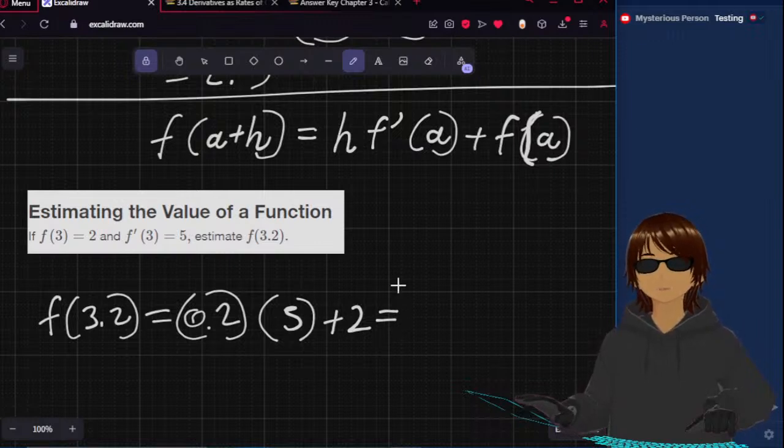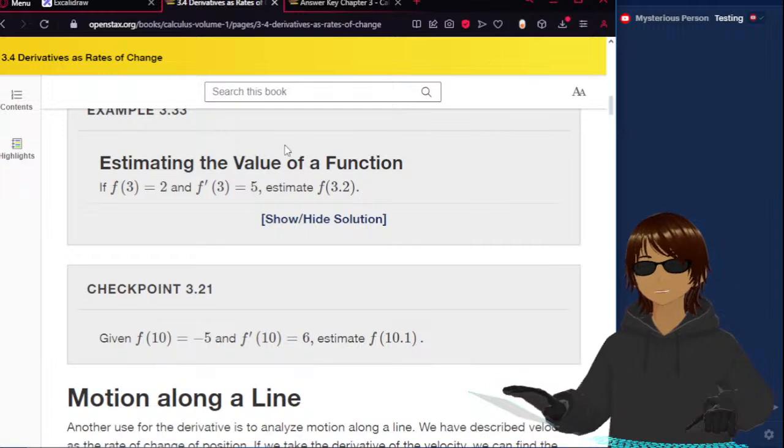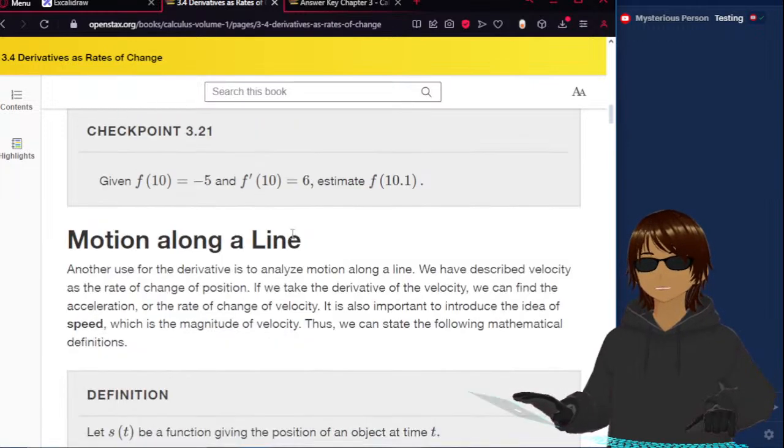I have a calculator with me. This is 3. Let's check. Yes.